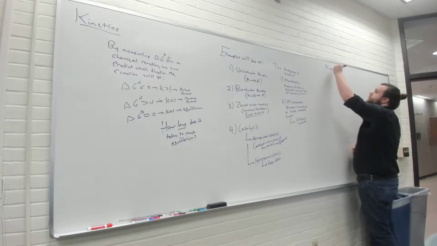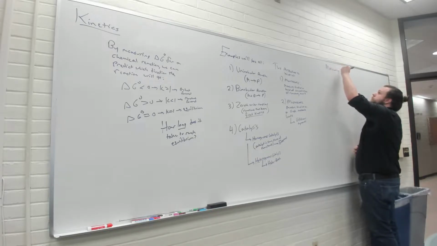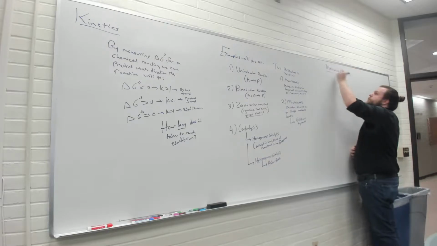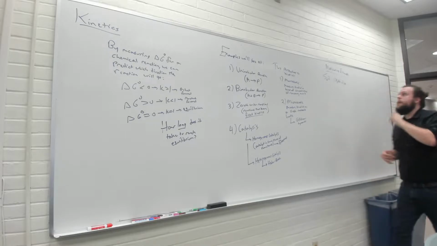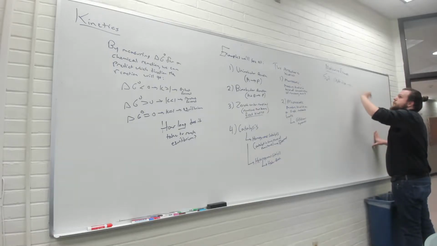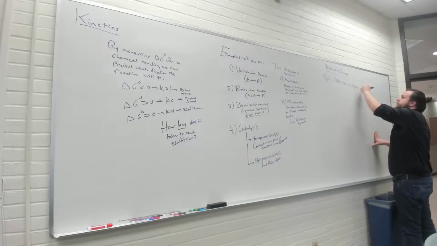Well, here's our motivating example. The motivating example we'll use is the SN2 reaction of taking CH3Br, treating it with hydroxide ion to generate methanol and bromide ion.